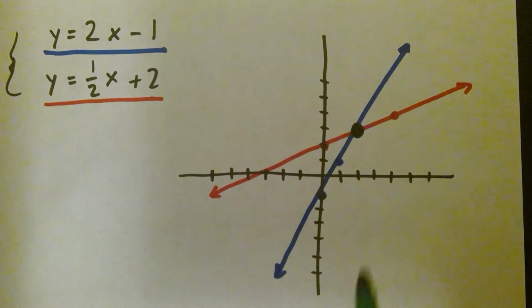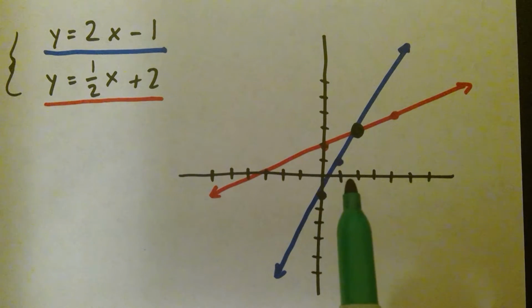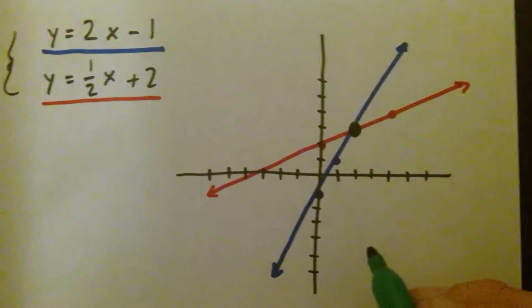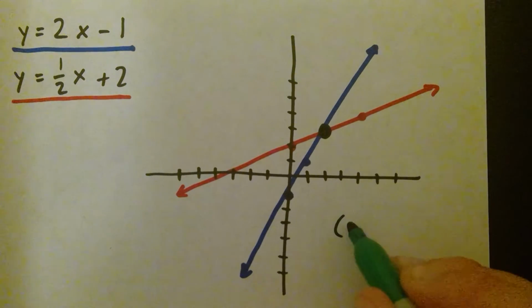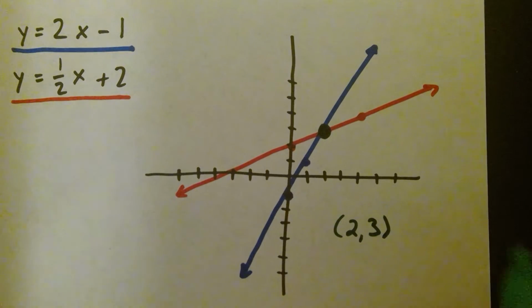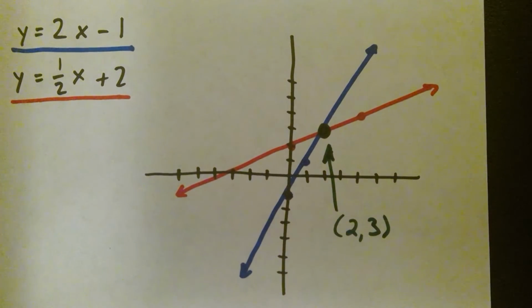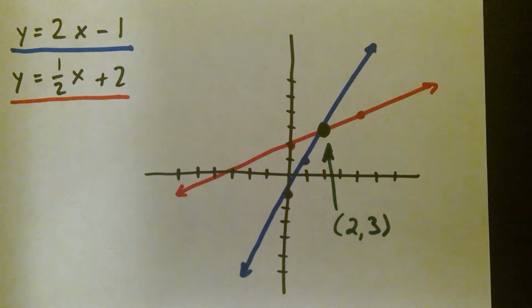If we look over here, we go in 1, 2 to the right, and then 1, 2, 3 up. So our solution to the system is (2, 3), because that's where our two lines intersect. Essentially, when we're solving a system, we're looking for where our lines intersect, and that's our solution.